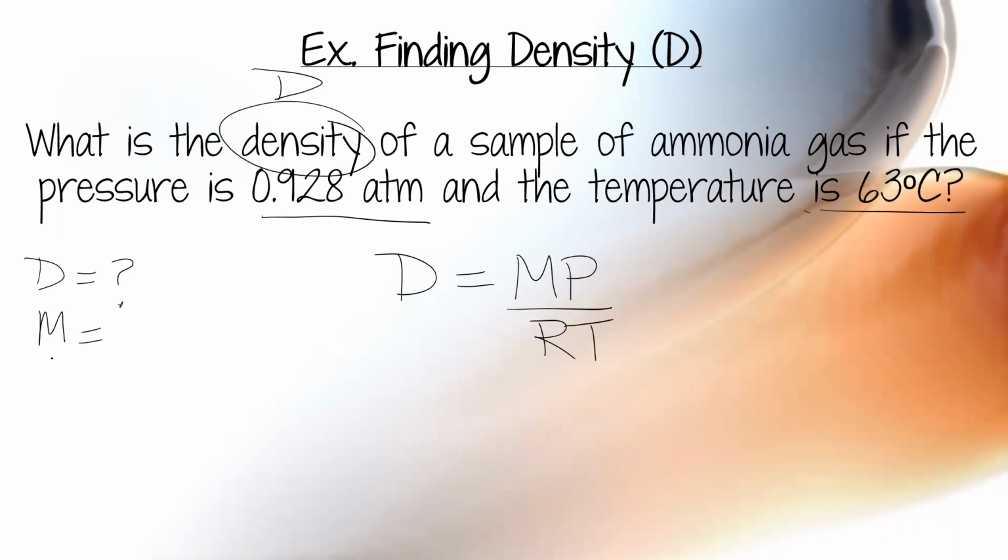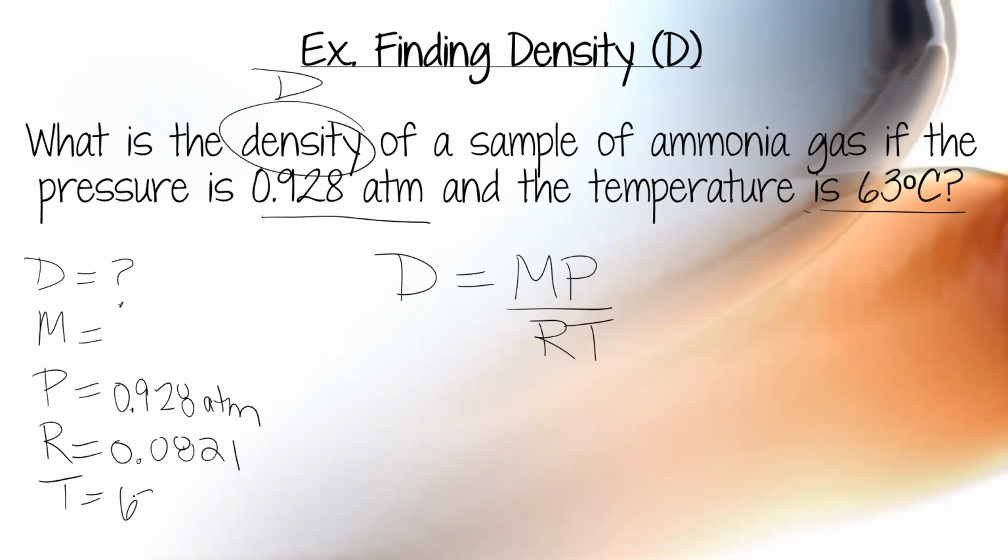I'll get back to that in a minute. Pressure P is given to me in the problem. R is still the exact same constant. T temperature has to be in Kelvin. So 63 degrees Celsius plus 273.